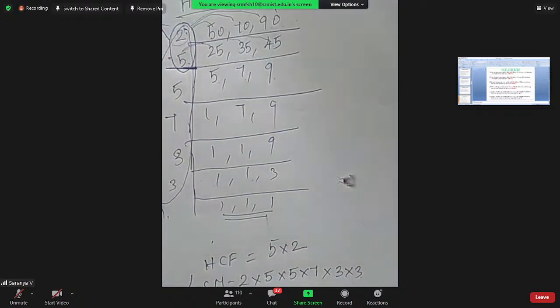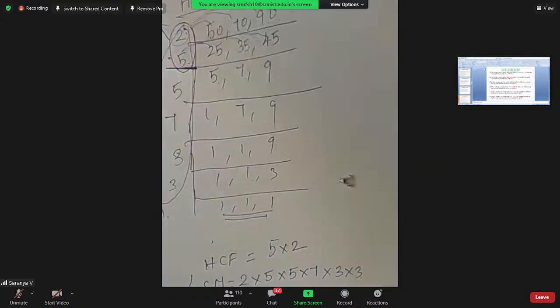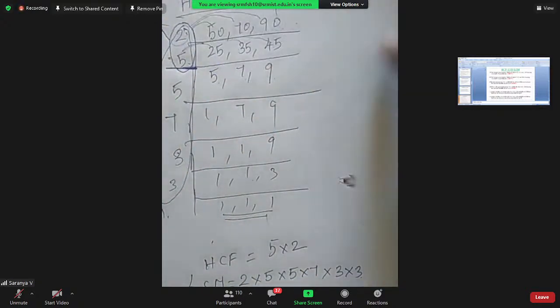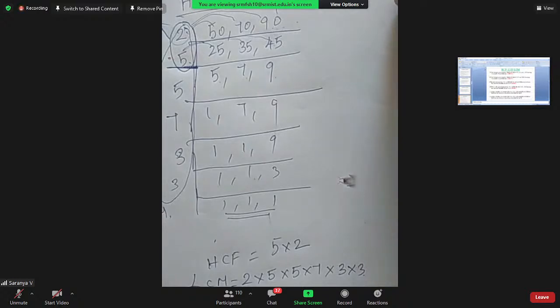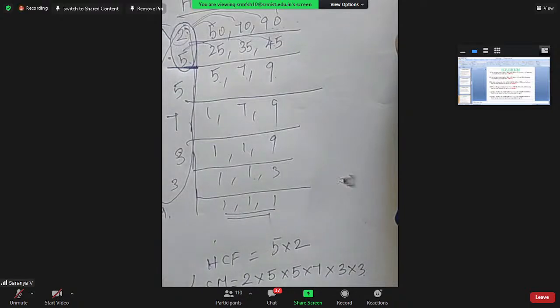Okay, now come to the question, the seventh one. We have already completed up to 6 in the last class. In the seventh question: find the greatest number that will divide 93, 111, 129 and leave the remainder 3 in each case. Understand the question. I have given the company name in the bracket.